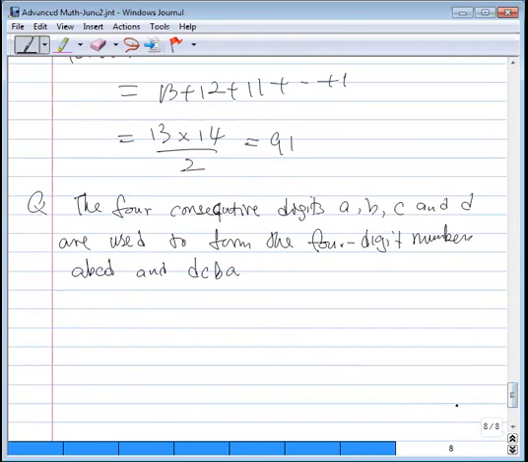We use 4 consecutive digits. What is the greatest common divisor of all numbers of the form ABCD plus DCBA? So add them together.